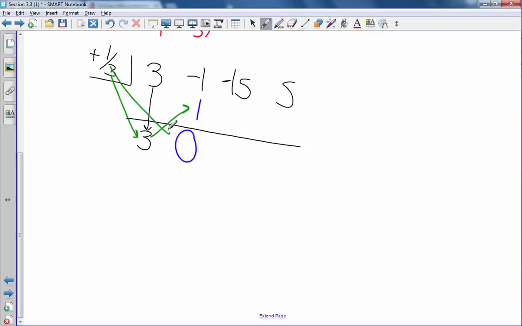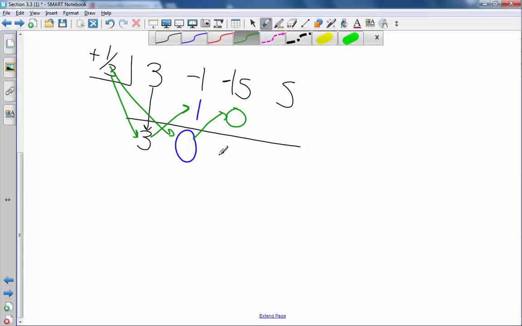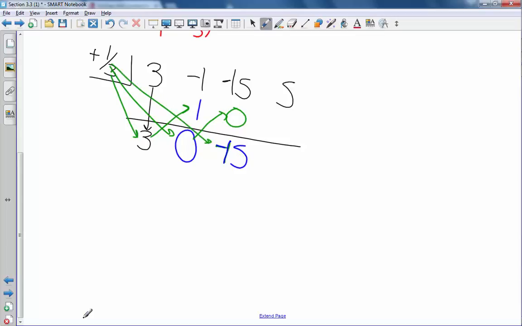1 over 3 times 0 is 0. How convenient are these numbers? So negative 15 plus 0 is negative 15. And 1 over 3 times negative 15 is, this is a tough one.